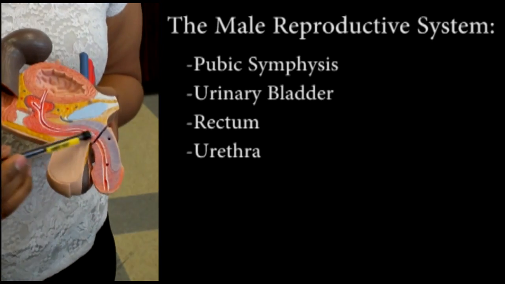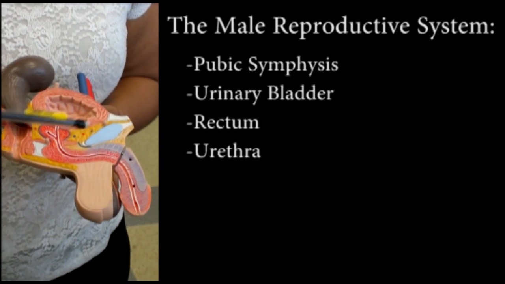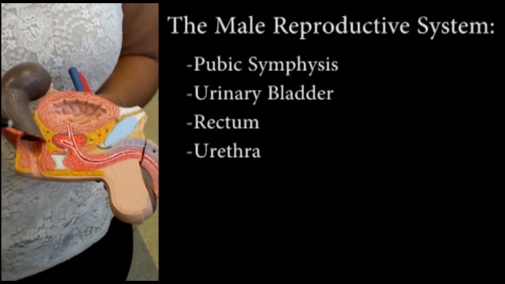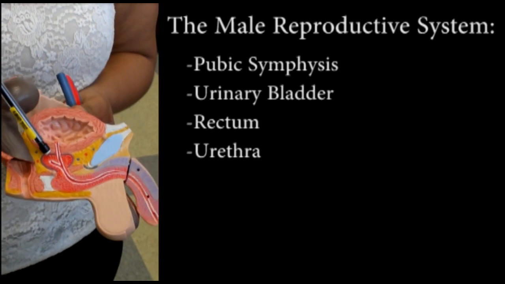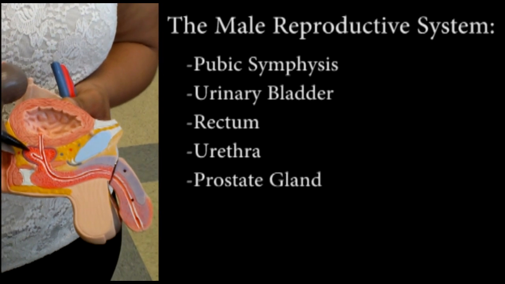So on the way down to the exit, we also have other organs and fluid that's going to take the same route. And directly inferior is your prostate gland.